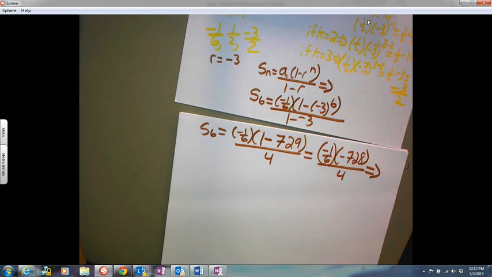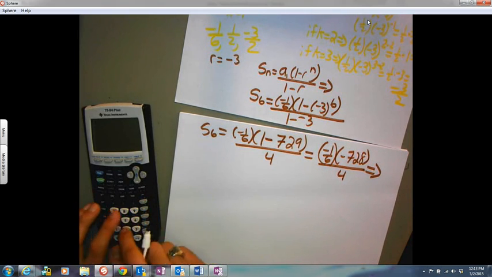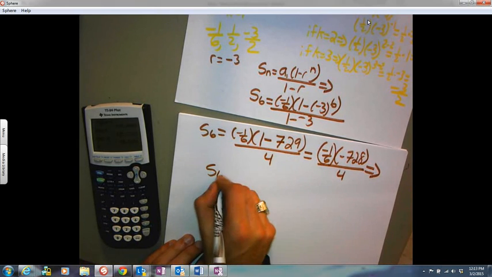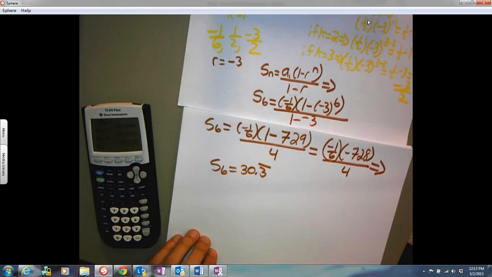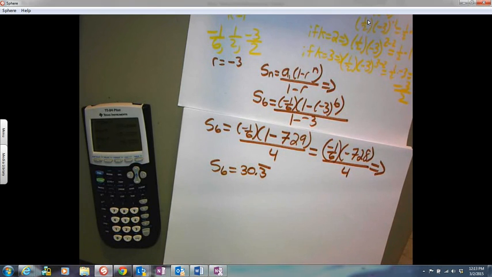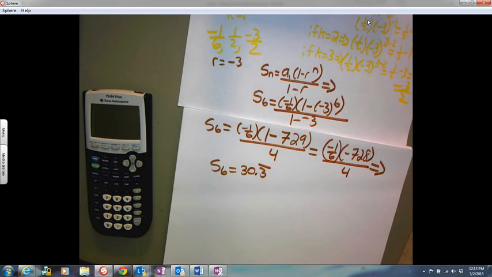Alright, and again, if you need to verify that you're getting what I'm getting, please do that. Because the negative 3 needs to go into parentheses, leave it up. Let me take some questions on this. Questions?